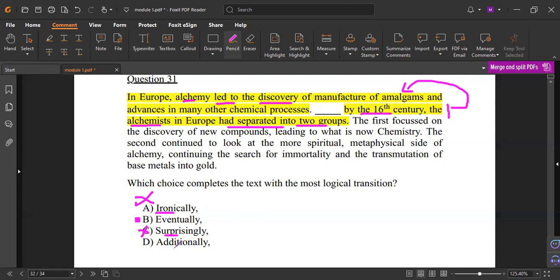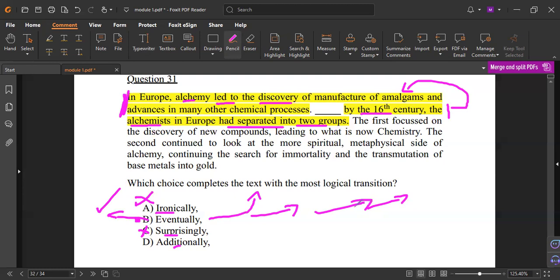If you wanted to add, you must add to the same idea. But this action happened. So it means here at the end, in the long run, finally, after all, above all, so we find a conclusion at the end. That's why B is correct.